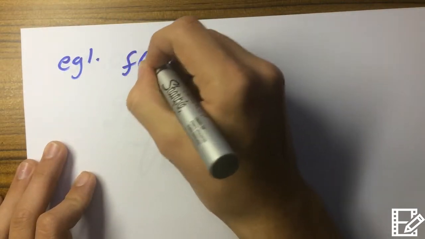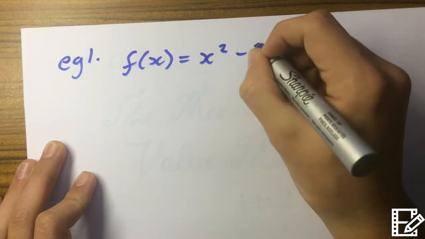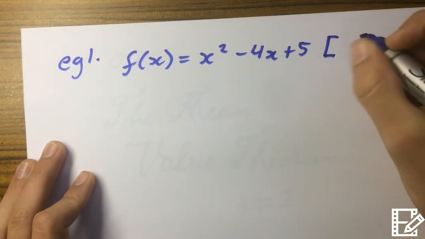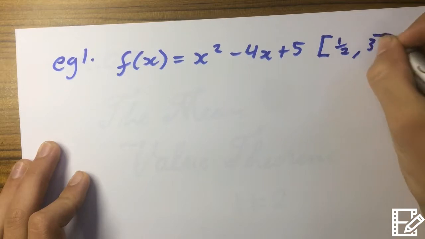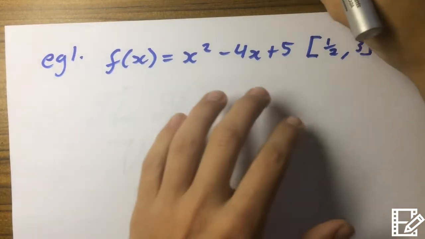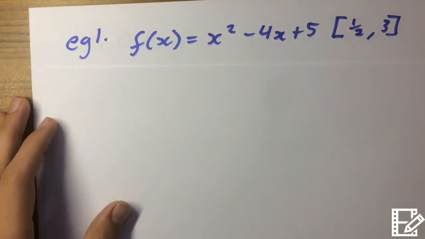We have a function f(x) equals x squared minus 4x plus 5 within the domain of a half and 3. I should have run through the criteria, but I'll do that now.